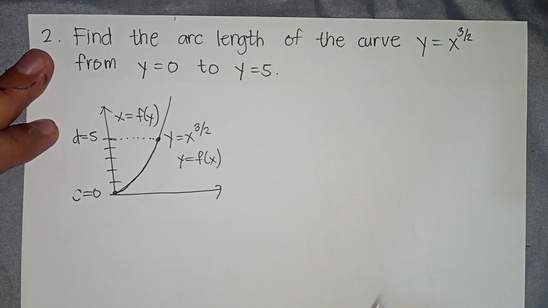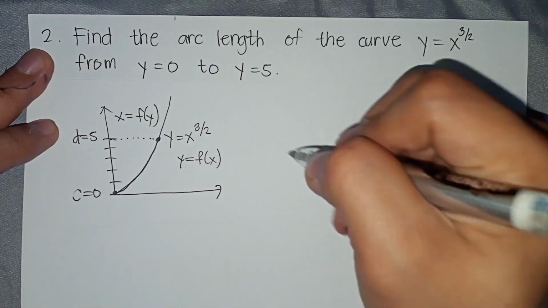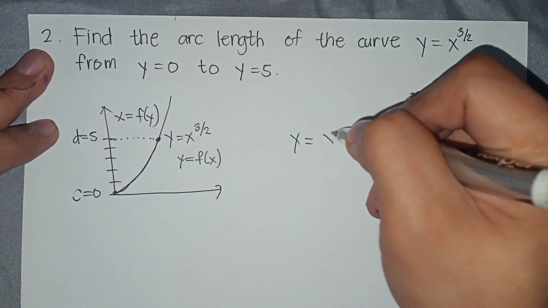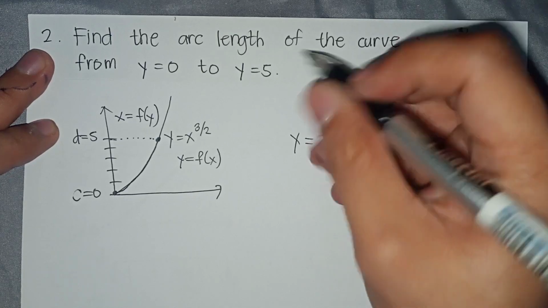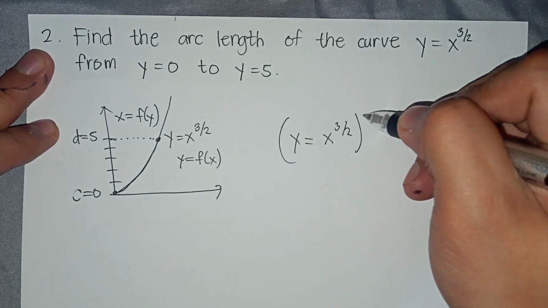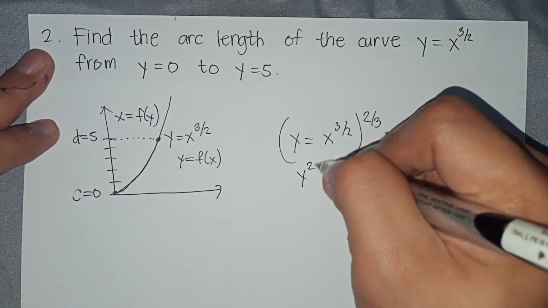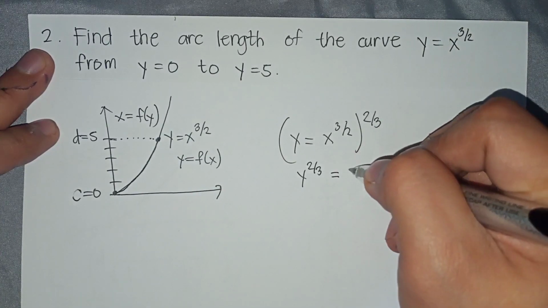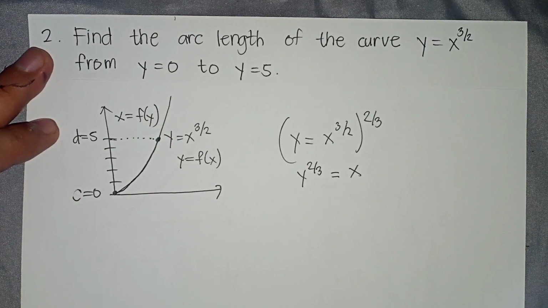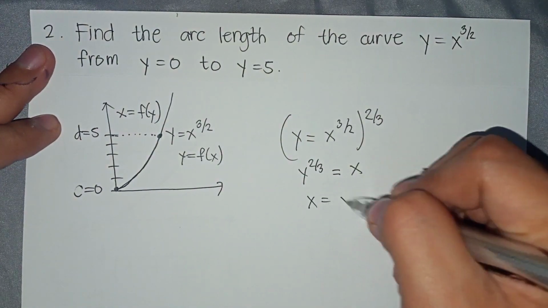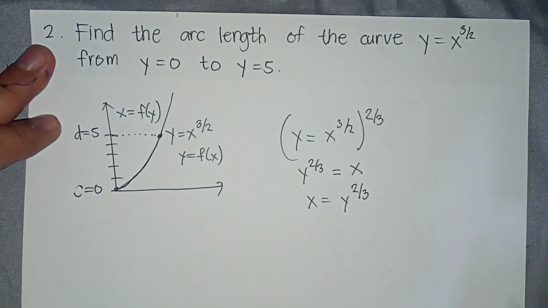So, since meron tayong function na ito, paano natin gagawin equate natin by x? So, y is equal to x raised to 3 over 2. Pwede nating i-raise yung buong yan sa 2/3. Okay? So, magiging y raised to 2/3 is equal to x. Okay? So, ang value ng x natin yan ay y raised to 2/3.